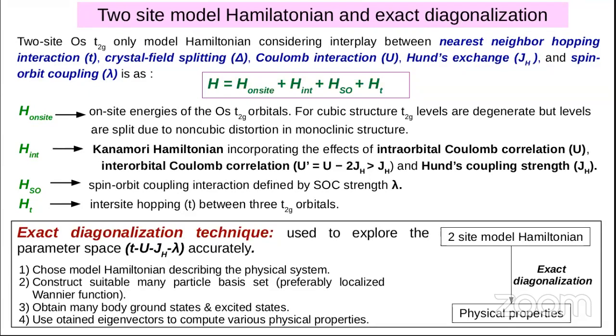H_SO gives the spin orbit coupling interaction, SOC, which is defined by the SOC strength lambda, and H_t gives the intersite hopping t between t2g orbitals. Now we applied the exact diagonalization technique onto this model Hamiltonian to explore the parameter space more accurately, and by obtaining the eigenvectors and eigenvalues we get the physical properties.